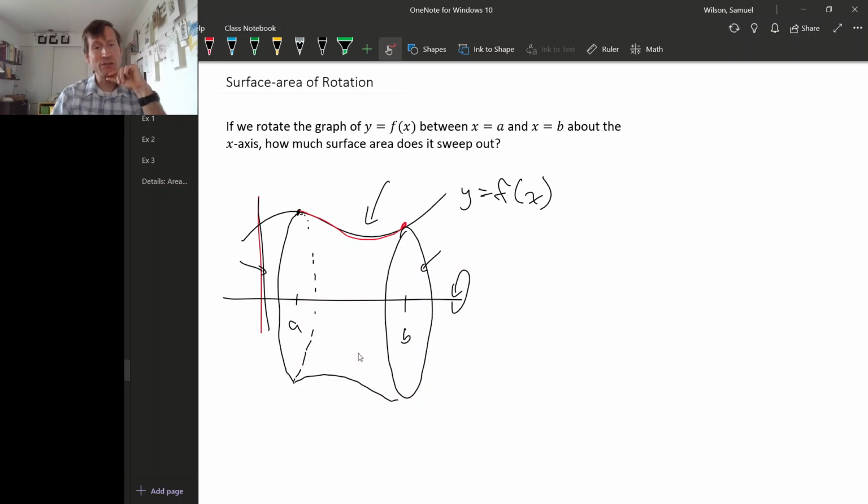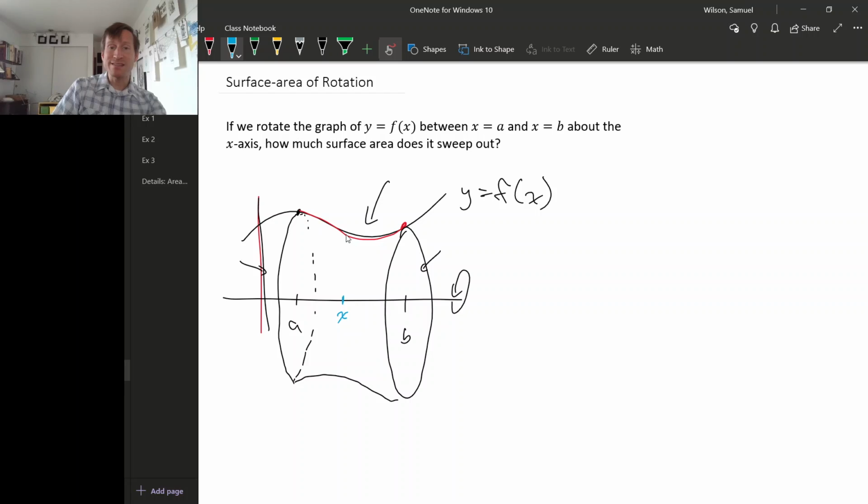Well, as usual, if we're thinking about some difficult geometric problem, the right way to approach it is to break it down into very tiny pieces, find the surface area of one tiny piece, and then put all of those pieces back together using an integral. In this situation, x is the independent variable, so let's look at the surface area we get just from a single x value.